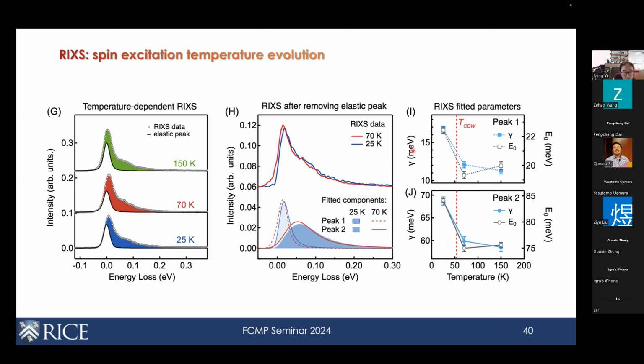This damping factor increases as you go into the ordering temperature. And at the same time, the central energy of these excitations also shifts away from the elastic peak, right? So this is very consistent for the 2 modes that they have extracted from this measurement, right?